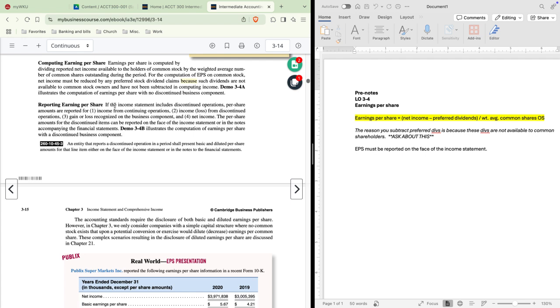Reporting earnings per share. If the income statement includes discontinued operations, per share amounts are reported for. Okay. So I need to make a note about this.